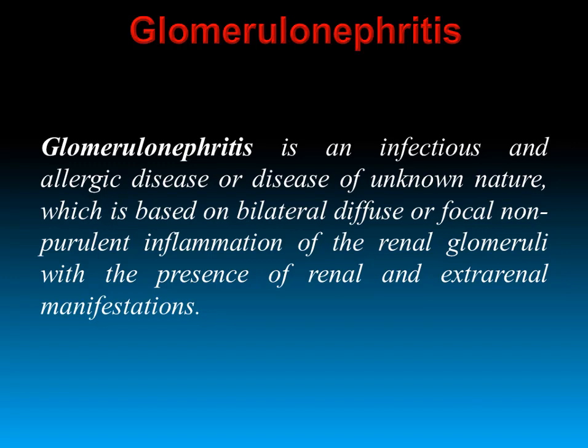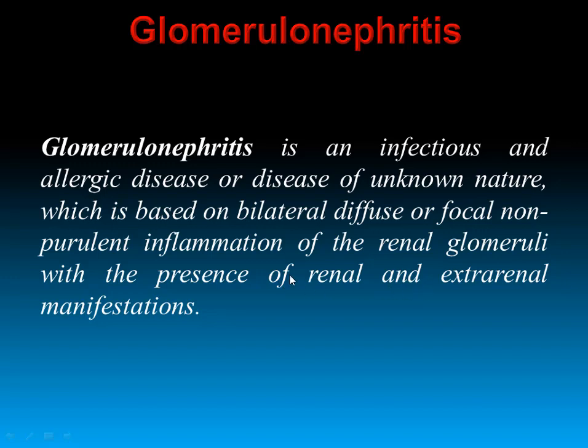A few important notes about glomerulonephritis. First of all, its nature can be infectious, allergic, or unknown, idiopathic. Second important moment, bilateral damage to the kidney. Both kidneys are affected in glomerulonephritis. It's one of the important differences from pyelonephritis.